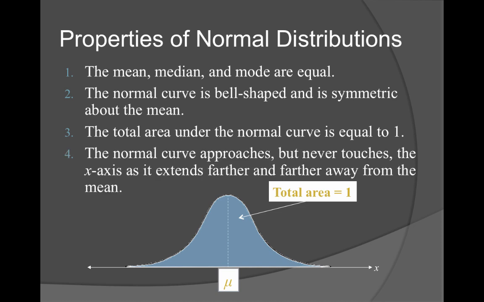And the normal curve approaches but never touches the x-axis as it extends farther and farther away from the mean. Let's think about this in terms of our NBA salary data from Excel 3. Hopefully we can recall that the mean was somewhere around $5 million. But we know that there's LeBron and Kobe.